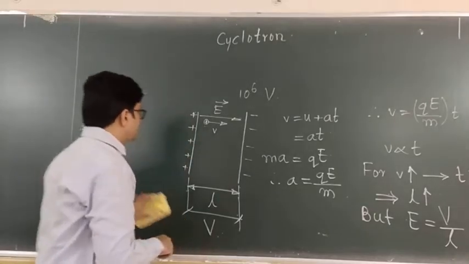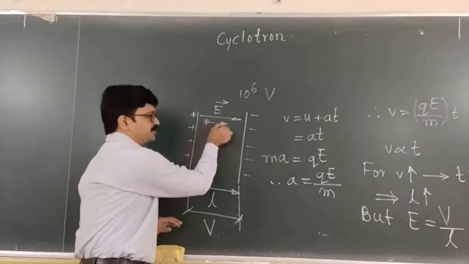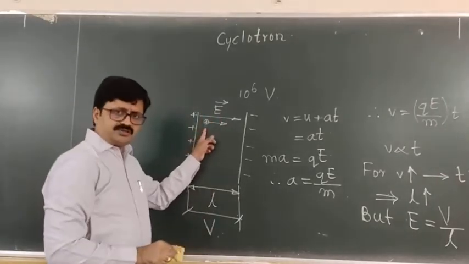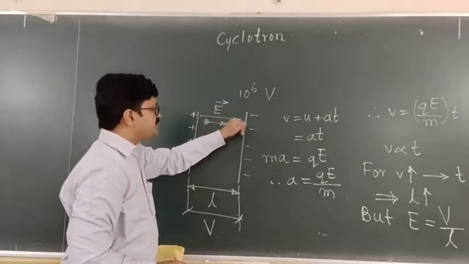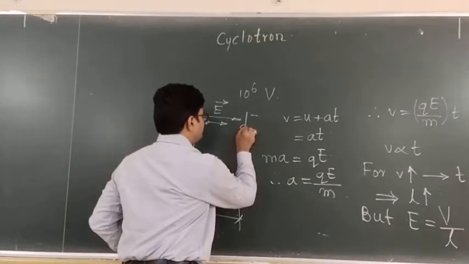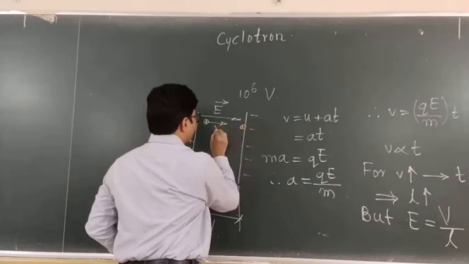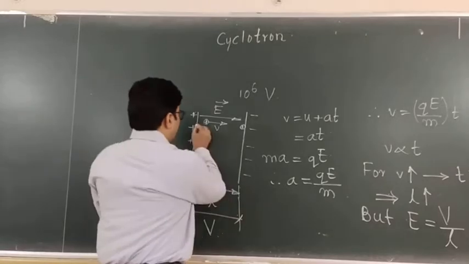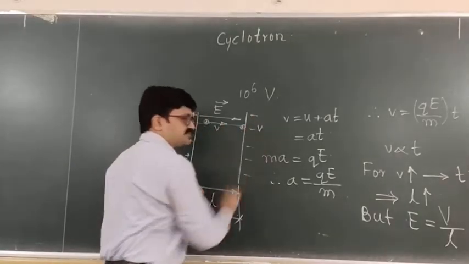And how it was done, I'll just try to show you. Now suppose we have a charged particle, and this charged particle is introduced into this electric field. The charged particle will reach this negative plate with, say, a speed of v. Let us assume that its speed has become v from 0. So for the first part, let me take the speed as small v.